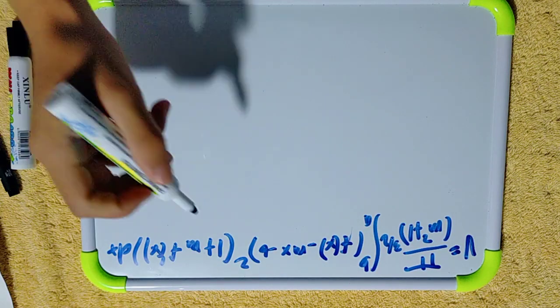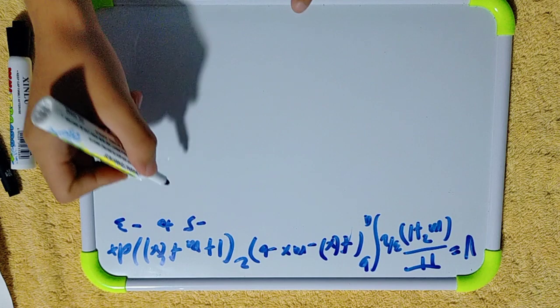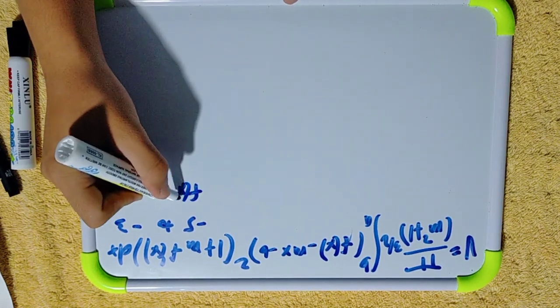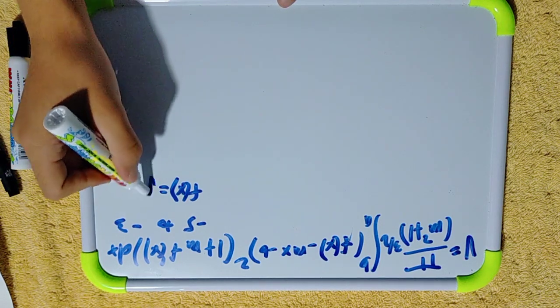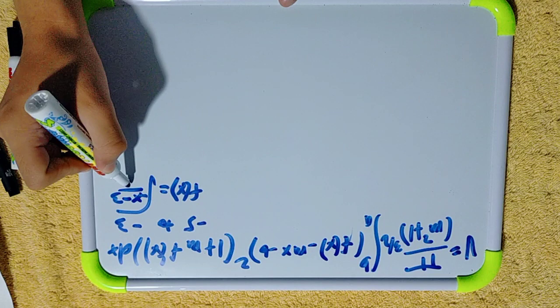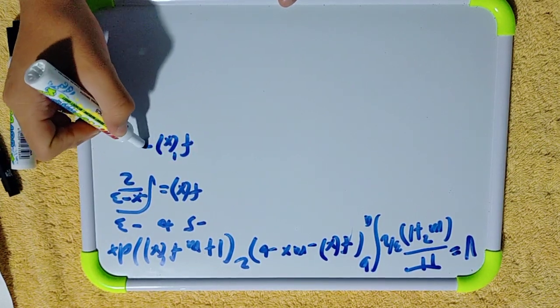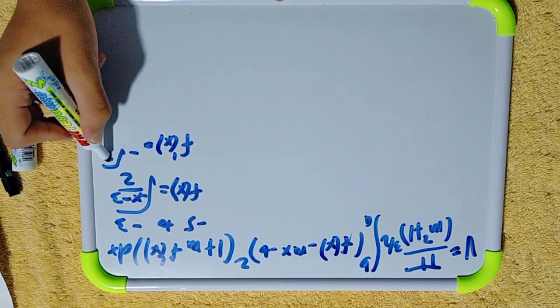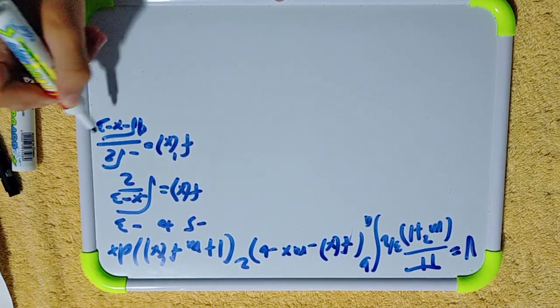Wala rin nagbago dun sa ating f of x, which is equal to square root of negative x minus 3 all over 2, at sa ating f prime of x, which is negative square root of 2 all over 4 square root of negative x minus 3.